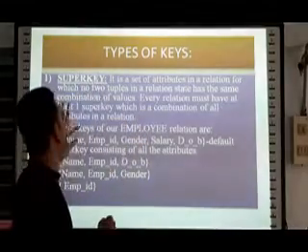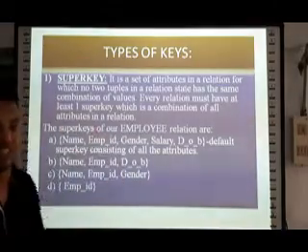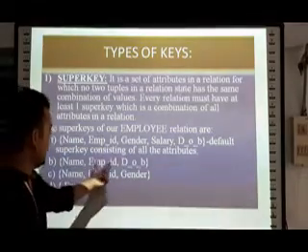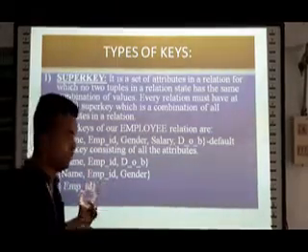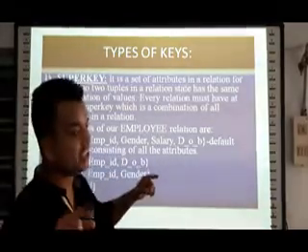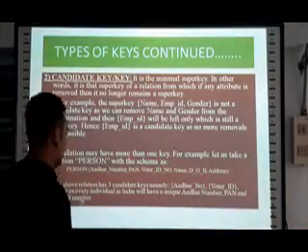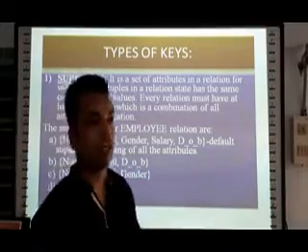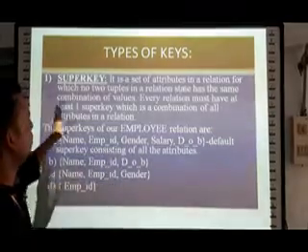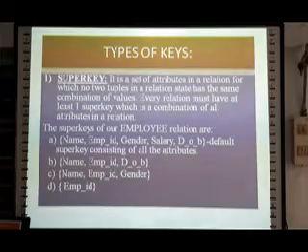So this is the concept of super key. In all the super keys of the employee relation we considered, one value is common: EMP ID. This EMP ID attribute will uniquely identify different tuples in a relation because each and every tuple will have a separate employee ID. Correct? Such a key is known as a super key. A super key is a set of attributes in a relation in which no two tuples have the same set of values.